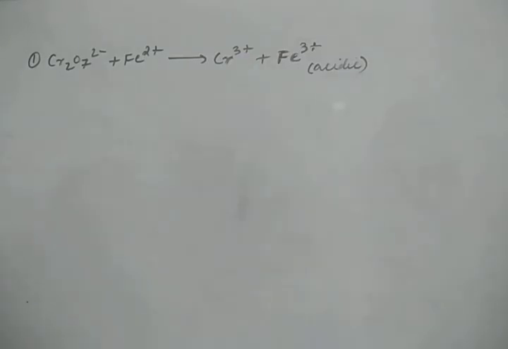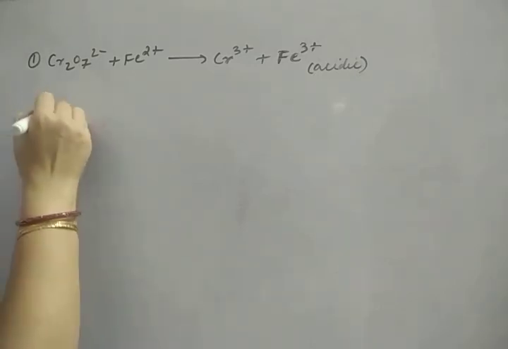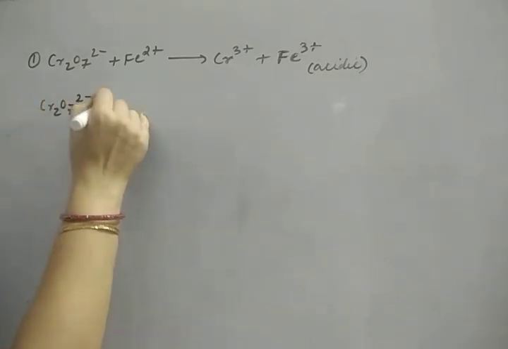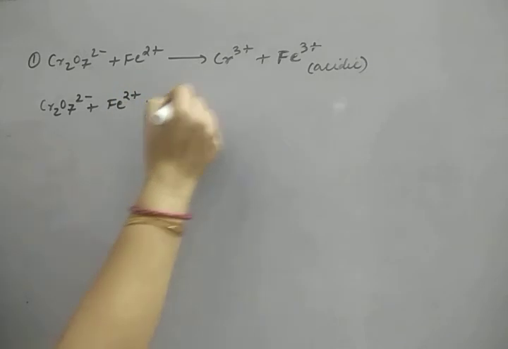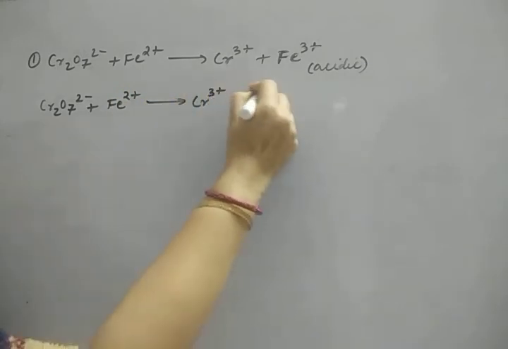Now this is the equation: Cr2O7 2 minus plus Fe2 plus gives Cr3 plus plus Fe3 plus, and this equation is in acidic medium. Now what is the first step? We have to find the oxidation number of each element and find where it is oxidation and where it is reduction.